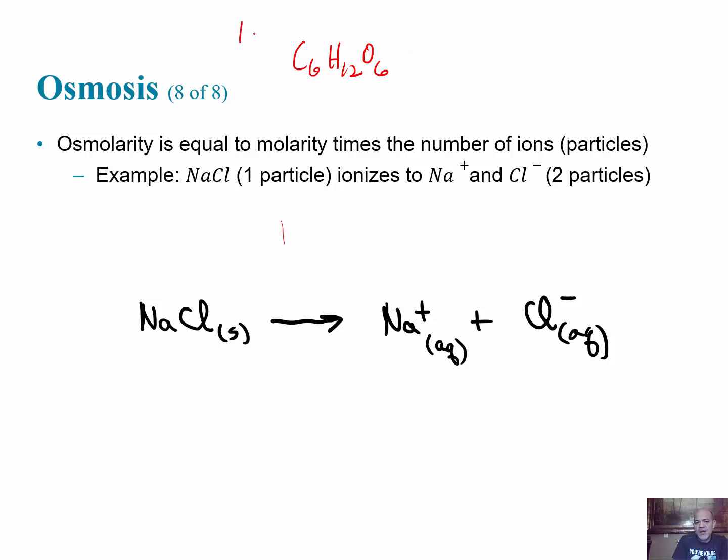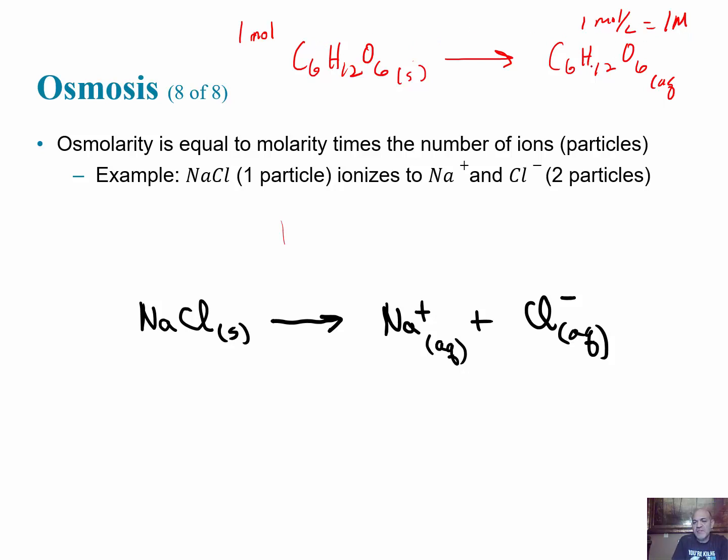So if I have 1 mole of solid glucose, and I dissolve it in a liter of solution, now it's aqueous, dissolved in water. Now it's going to be 1 mole per liter, or 1 molar glucose.